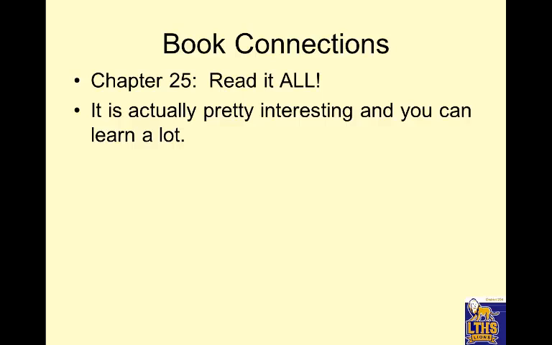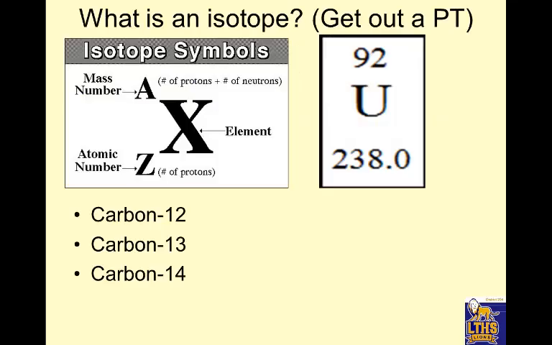Alright, so what is an isotope? We already know, and we've been working on these. So this is isotopic notation. This is isotope name. Look, there's 3 isotopes of carbon here. So it's all carbon all day, 6 protons. But what's different about them is that there's different number of neutrons in each of these isotopes.